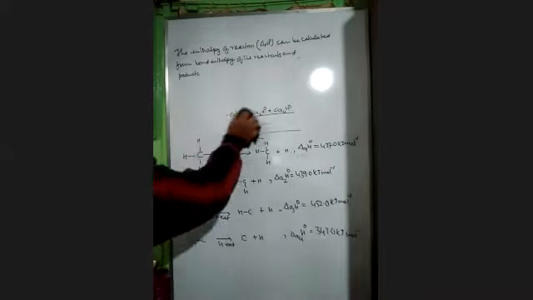So initially, enthalpy of reaction, how did you calculate? Enthalpy of reaction we have calculated from the enthalpy of the formation of products minus enthalpy of formation of reactants. Again, here you can calculate in other methods.